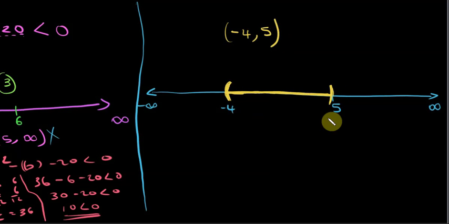The set of values that give the correct answers are all the values from minus 4 to 5, excluding minus 4 and 5. All the elements inside here will satisfy the given condition.